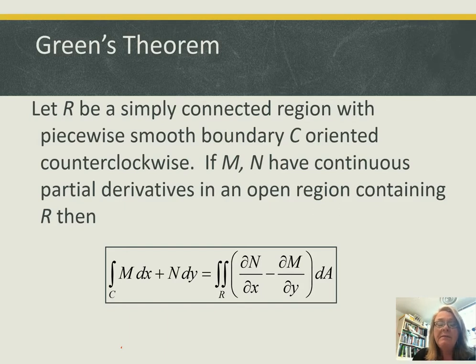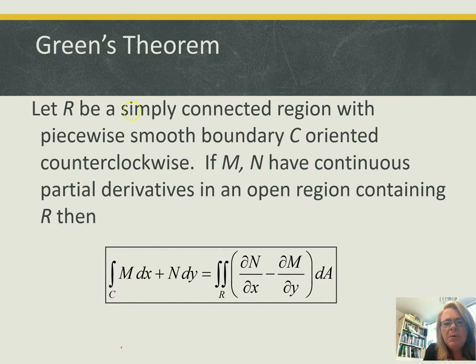There's a lot of information in that statement, so let's pull it apart a little bit. This first statement is actually the first assumption, that we have a region R that is simply connected with a piecewise smooth boundary C that is oriented counterclockwise.